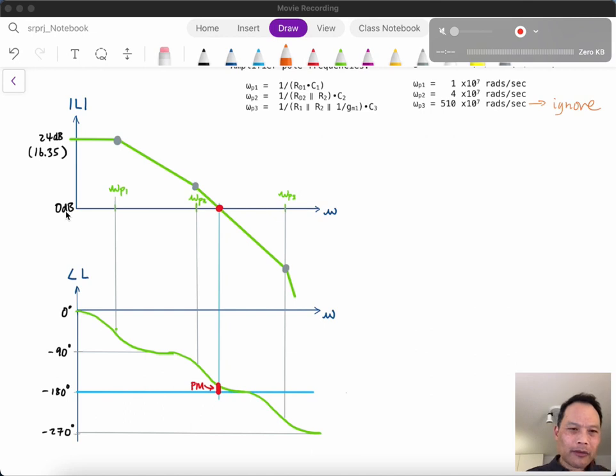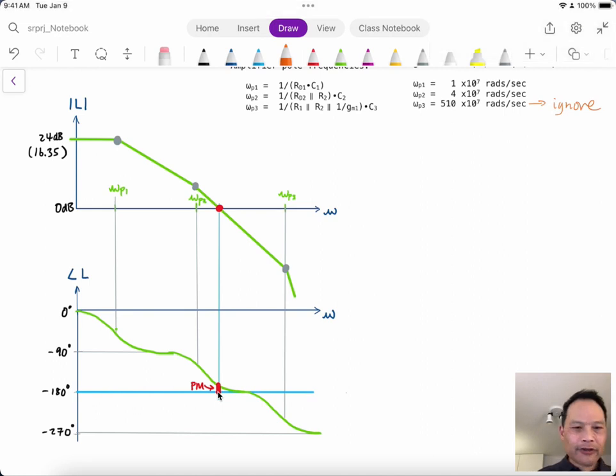So that's a problem, because once we hit the second pole, if the gain is above 0 dB, there's still a distance before we reach 0 dB, and you can see that the second pole accounts for the drop past minus 90 degrees. So that's going to result in a relatively small phase margin.